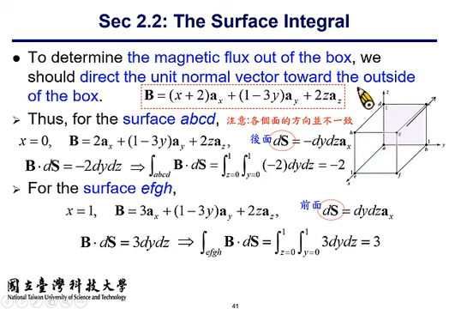So substitute the coordinate values here into this form, because here we have x equals 0, y varies from 0 to 1, and z varies from 0 to 1. Okay, x equals 0. So substitute the known condition x equals 0, B becomes this, and the dS. Now you can understand why it is written in this way. dS equals minus dy dz ax.